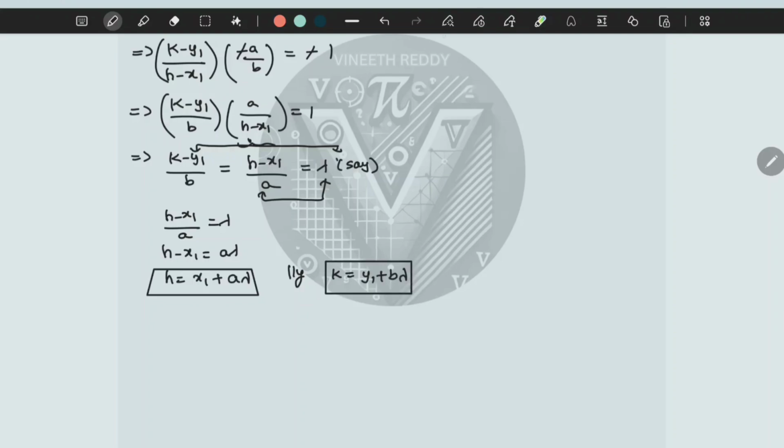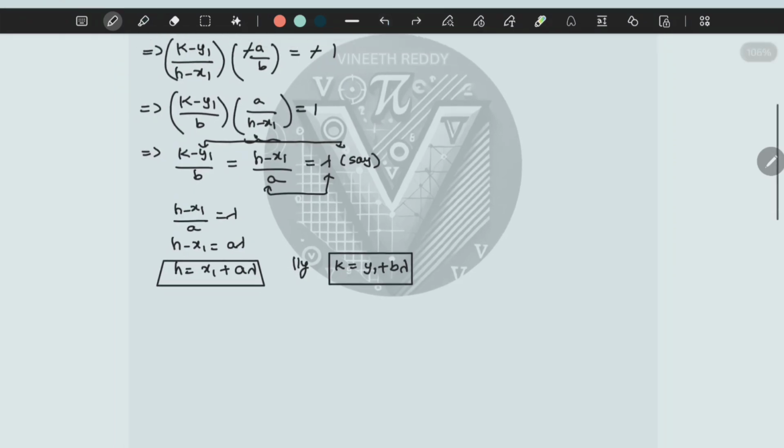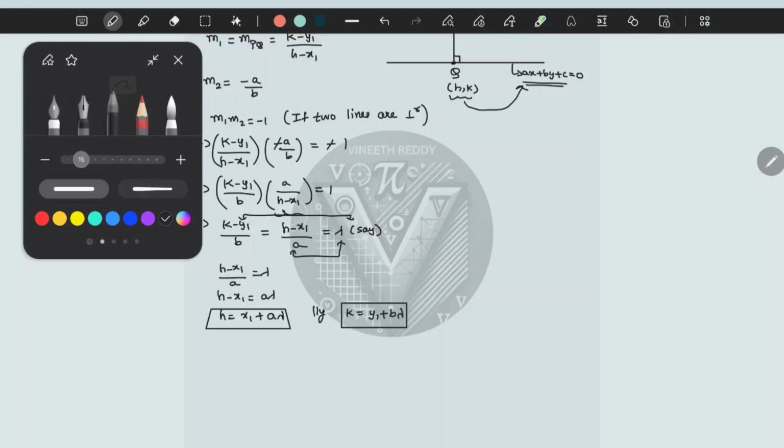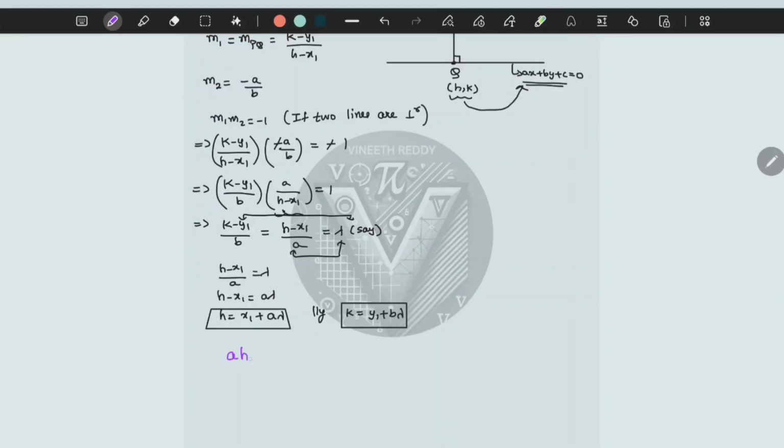Now Q(h, k) lies on the line ax + by + c = 0. That means we can replace x with h and y with k. So we get ah + bk + c = 0, since Q lies on the given line.